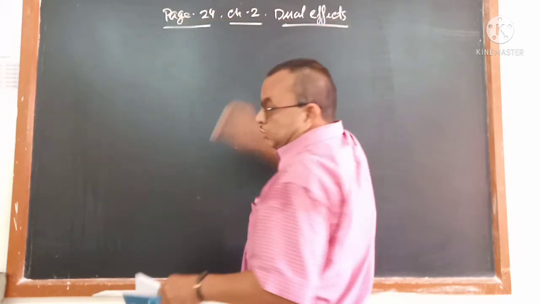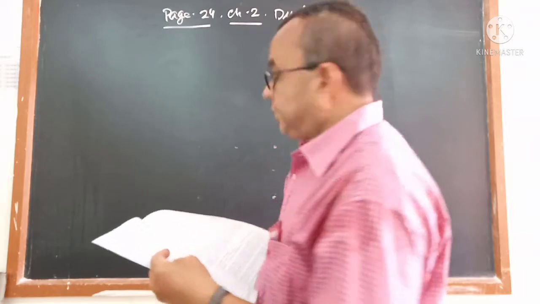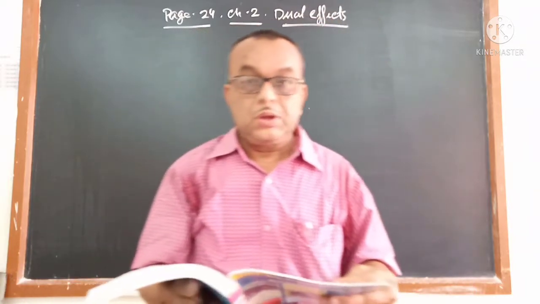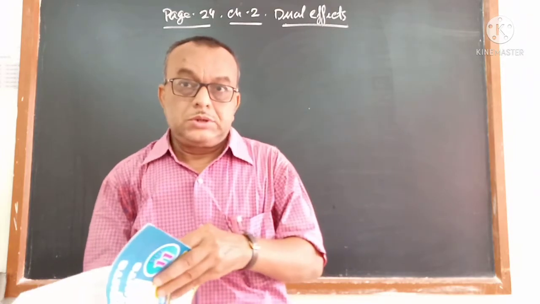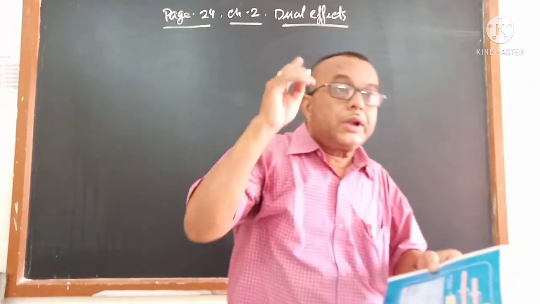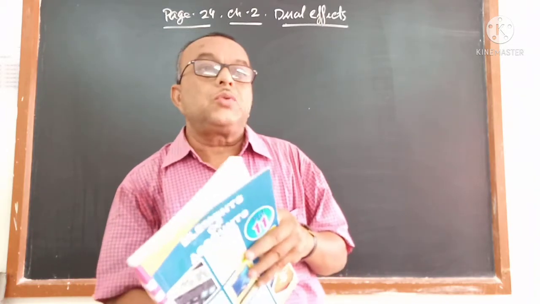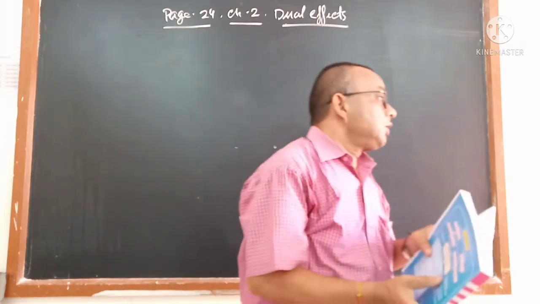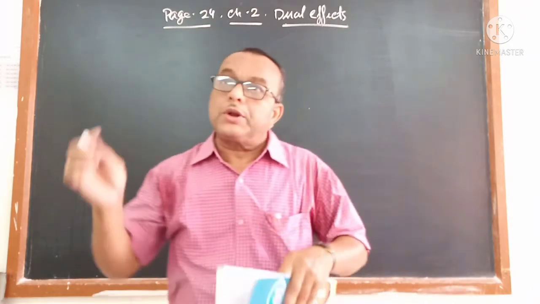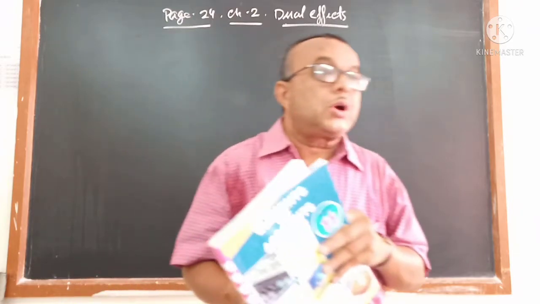Dual means two. Dual effect of transactions. Now let us see what is called the dual effect. In the previous chapter, when I explained the last point, there was one point, debit and credit. I explained what is called debit and what is called credit, but I could not explain in detail because it was very difficult to understand.